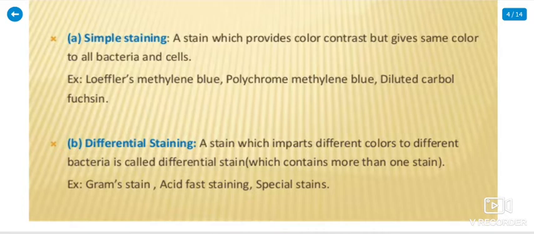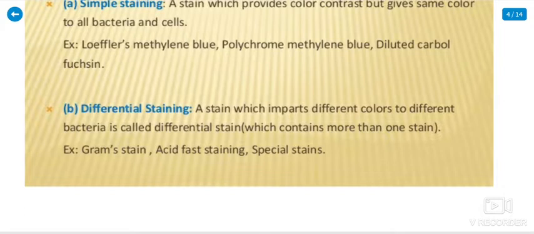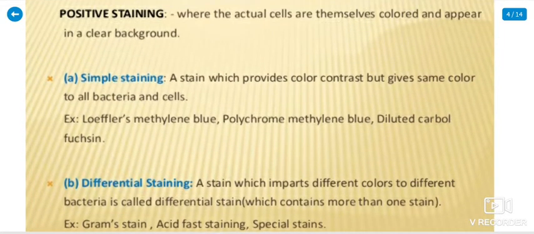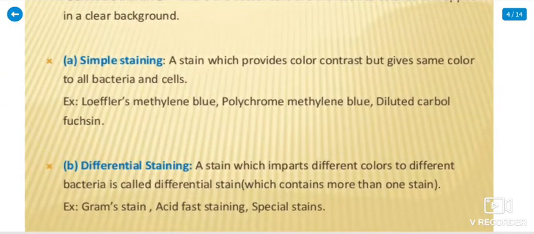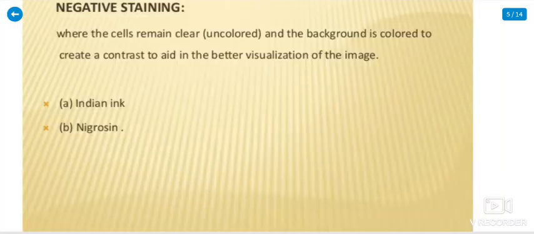Another one is differential staining, which imparts different colors to different bacteria and contains more than one stain, for example Gram stain, acid fast staining, and special stainings also. These are the methods of positive staining, called simple and differential staining.